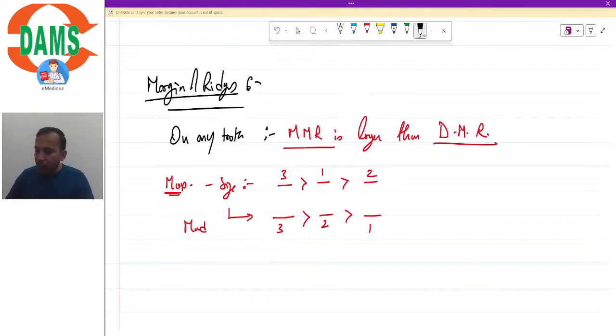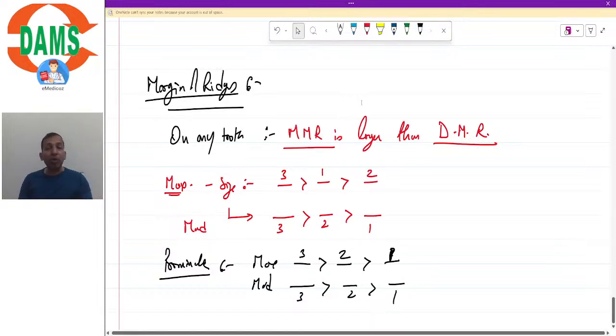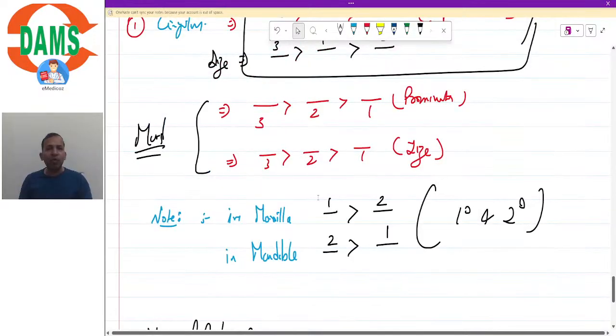Now, when we talk about prominence, again in maxilla it is canine, followed by lateral, followed by central, and the sequence is same in mandible, isn't it? So when you notice the sequence in marginal ridge and in lingual fossa, cingulum, that we just discussed here, you would realize that these sequences are exactly same.